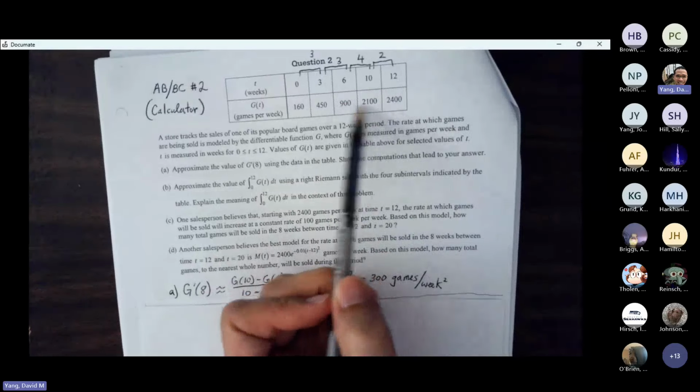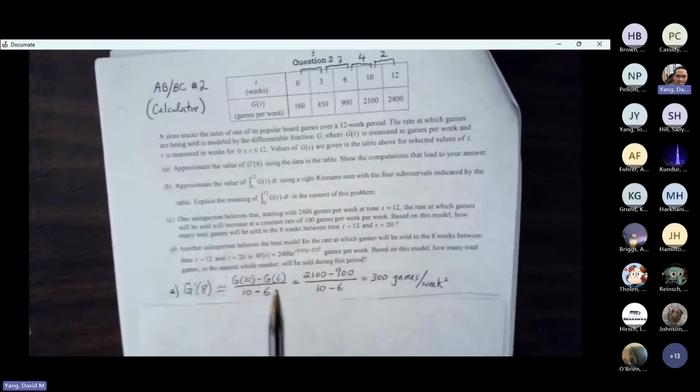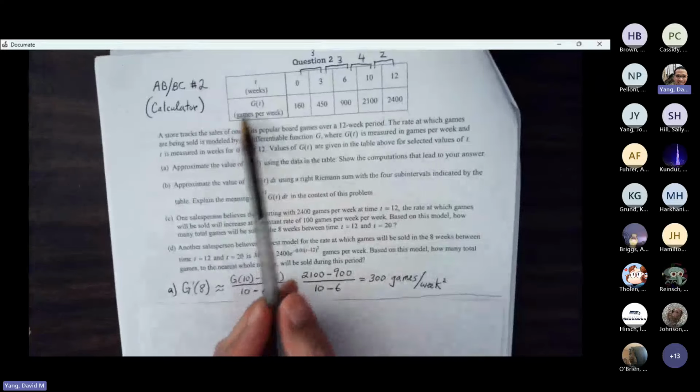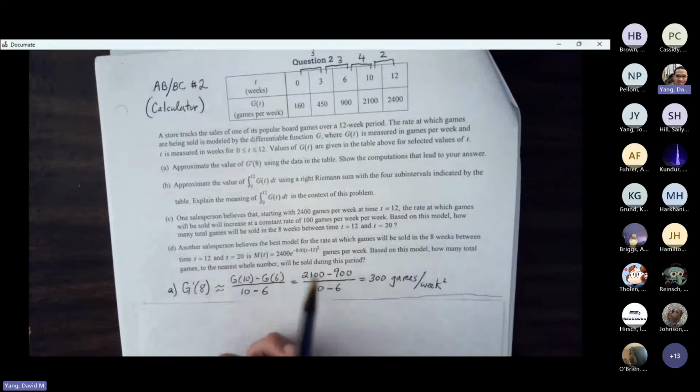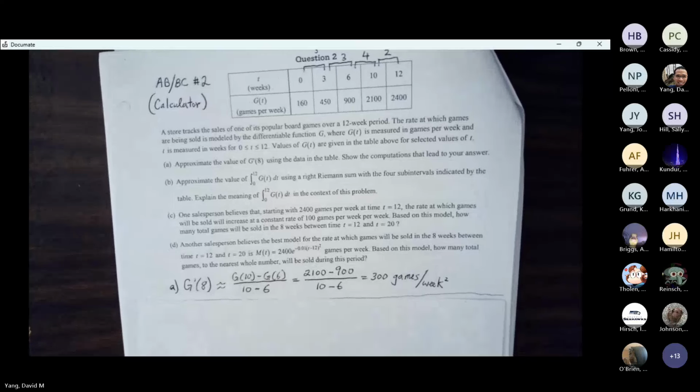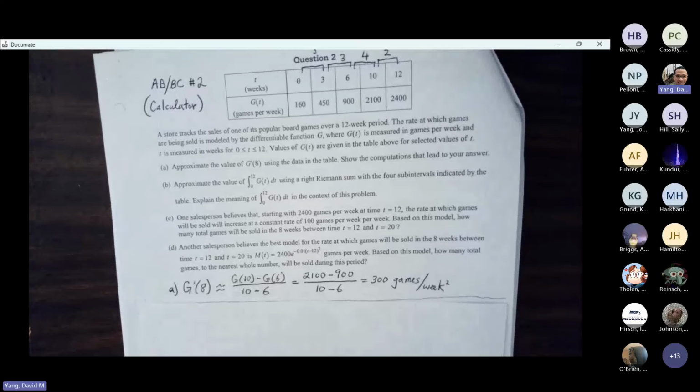Now G of T is already in terms of games per week. So if we find the rate of change of that rate, it'll be games per week squared. Right, that's our approximation of G prime of 8.